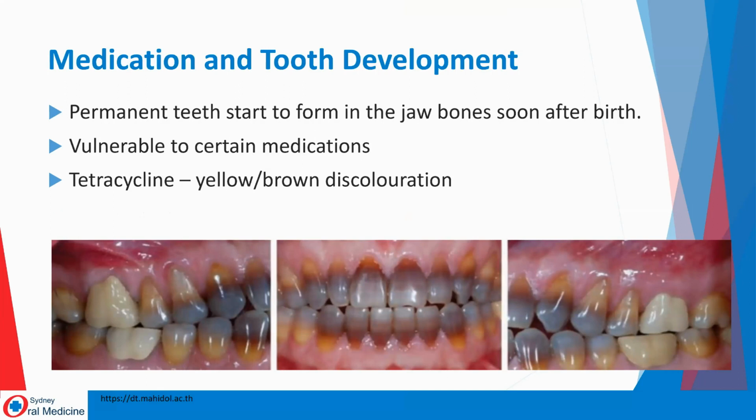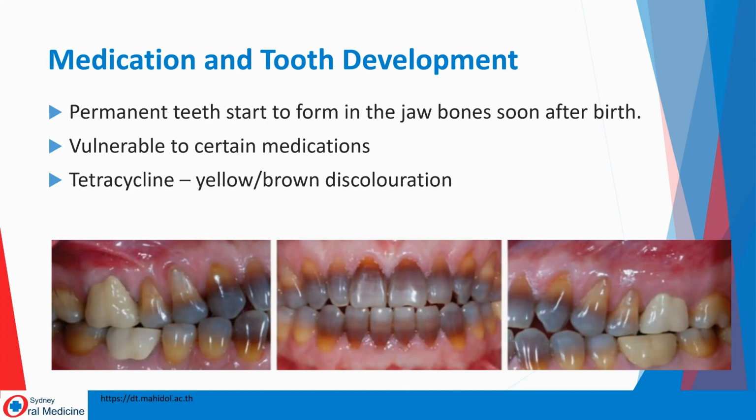Finally, I'm just going to talk about medication and how it can affect tooth development. So we all know that the permanent teeth start to form in the jawbones very soon after birth. And during this time of their formation, they are very vulnerable to certain medications. In particular, tetracycline, which is an antibiotic that used to be used quite extensively a number of years ago and probably less so now.